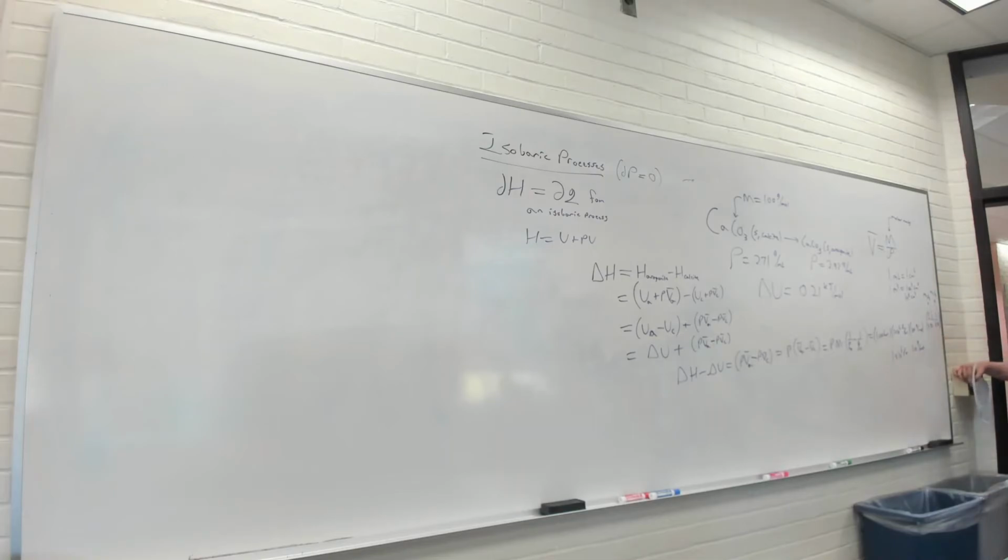And then let's get this difference of densities. Negative 0.0277. Can you say that one more time? Negative 0.0277. All right, milliliters per gram.